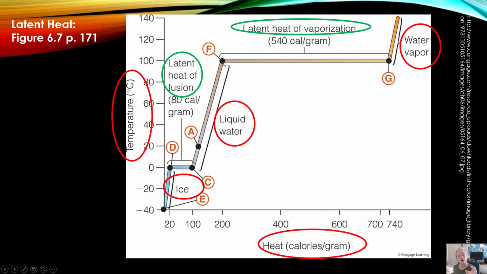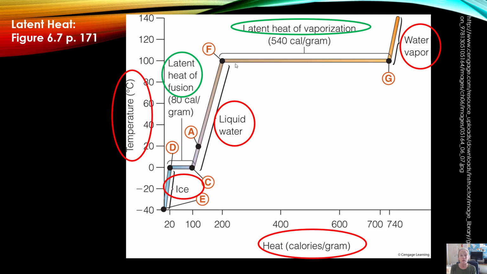So you added 540 calories, and it's latent heat because it doesn't change the temperature. While you're boiling, the water stays at 100 degrees. The water vapor coming off the top might be hotter, but the water itself is just adding those calories until it gets enough energy to leave.